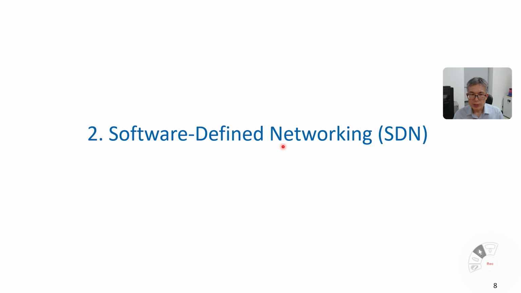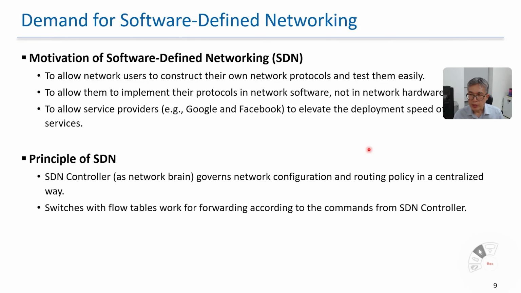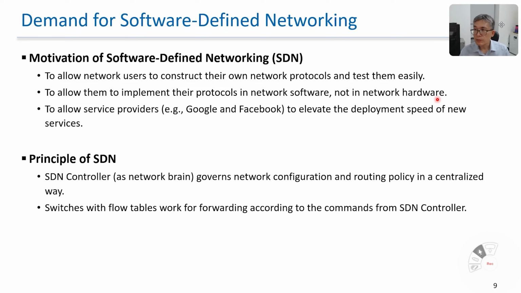The second section is software-defined networking (SDN). Demand for SDN. Motivation of SDN. The first is to allow network users to construct their own network protocols and test them easily. In the past, it was hard to make your own new protocol, test it, and deploy it.